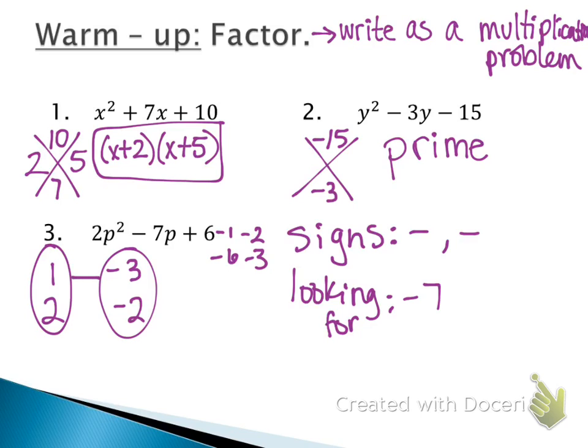When I connect my bubbles, what operation am I going to do with those numbers? Multiply. 1 times -3 is -3. 2 times -2 is -4. When I combine those, I get -7. Beautiful. So that's what I wanted. Now I'm ready to write my answer.